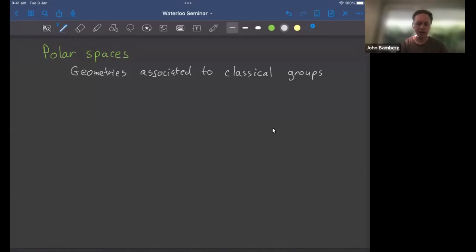So we care about things like singular subspaces for a form, or in other words, totally isotropic, if you've heard those terms before. And these are zero under the form, if you like. So just think of it as you're taking out some subspaces of a vector space.